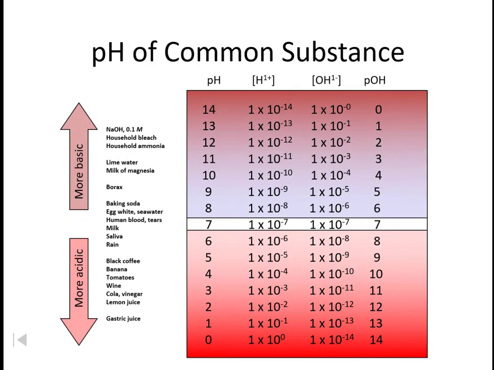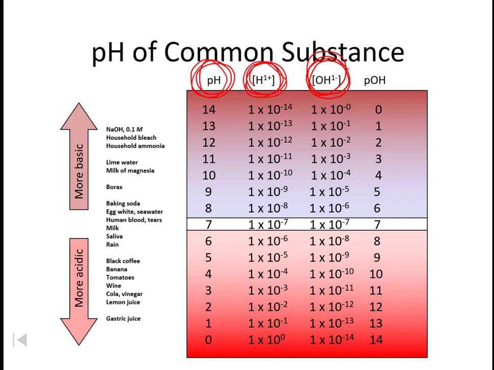Here, if we're to look at the pHs of some common substances, here we've got our pH, our measure of basicness or acidicness. Here is our hydrogen ion concentration. That's what acids release. Here is our hydroxide ion concentration. That's what bases release.